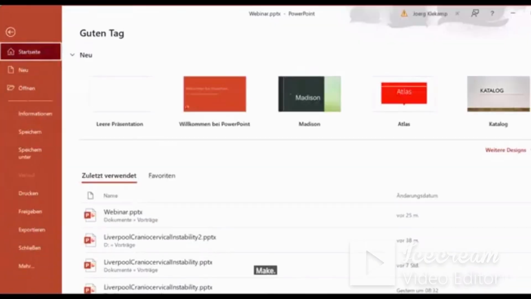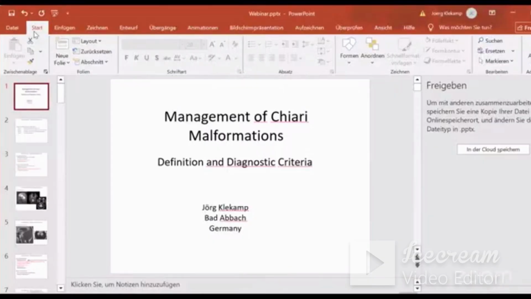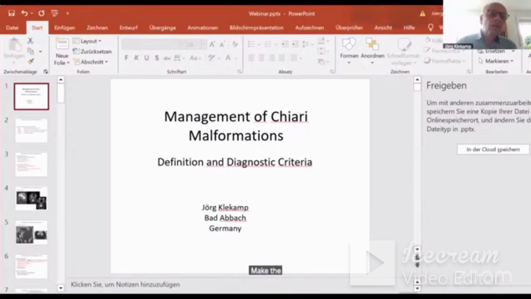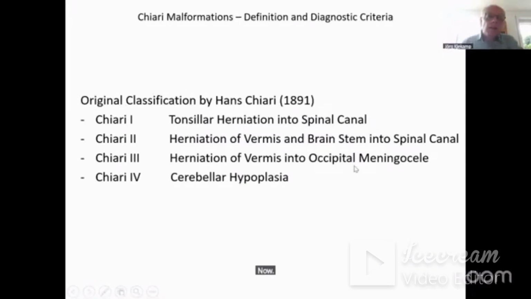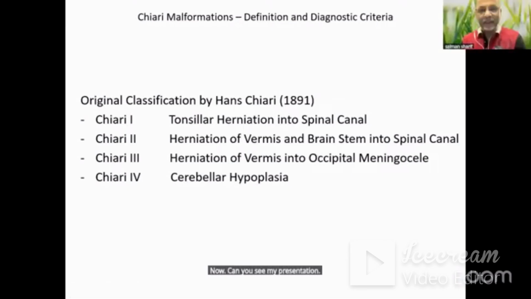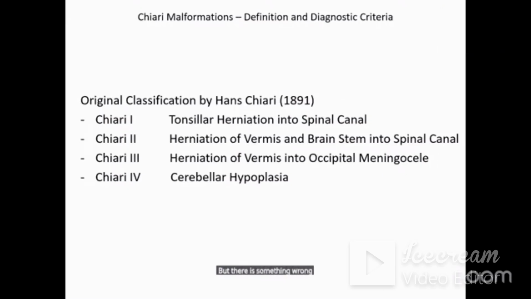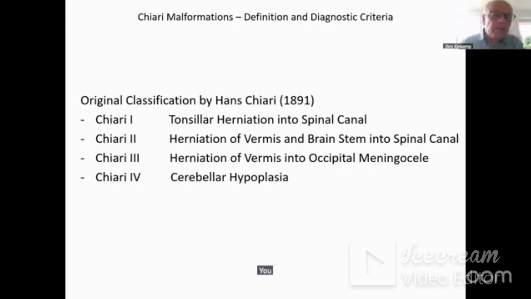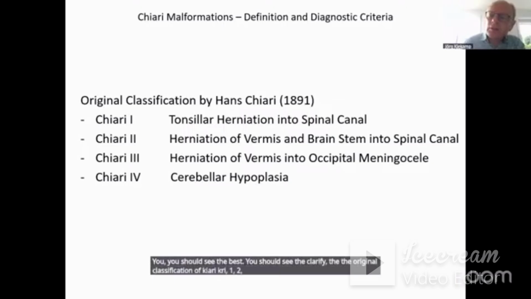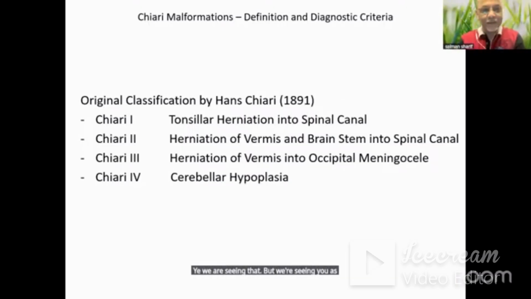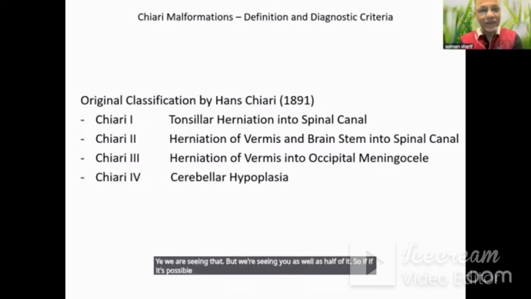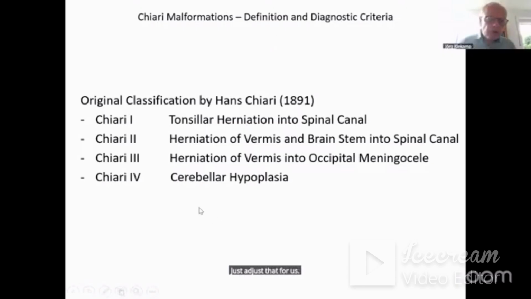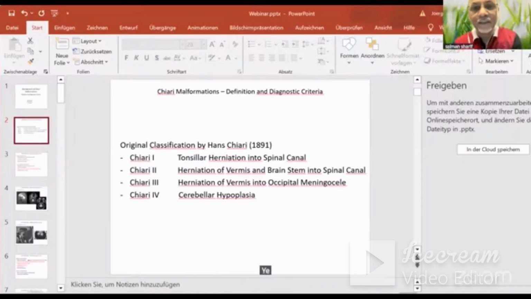Make the... Now, can you see my presentation? But there is something wrong that actually we see. Yeah. You should see the original classification of Chiari 1, 2, 3, and 4. Yeah, we're seeing that, but we're seeing you as well as half of it. So if it's possible, maybe if you could just adjust that for us. How do I do that? If you exit and then, yeah, here you should have a slideshow somewhere.